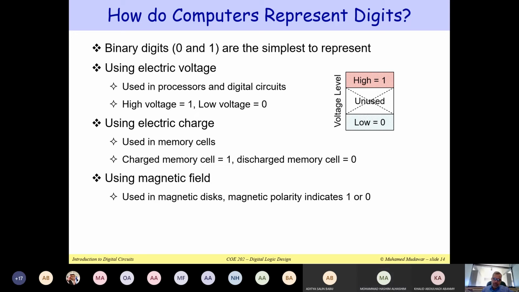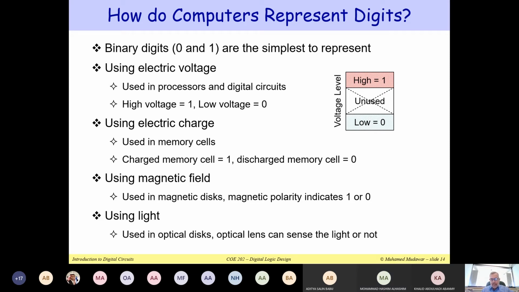People use the magnetic field to store 1s and 0s based on the polarity of the magnetic field. On a magnetic disk, you can store billions of these bits on the surface. So we are using the magnetic field to store the 1 and the 0. Very simple, the idea is simple. All we need is to store 2 possible values.